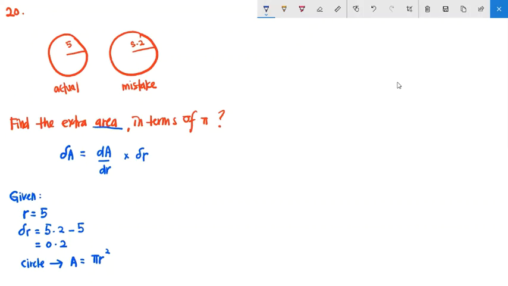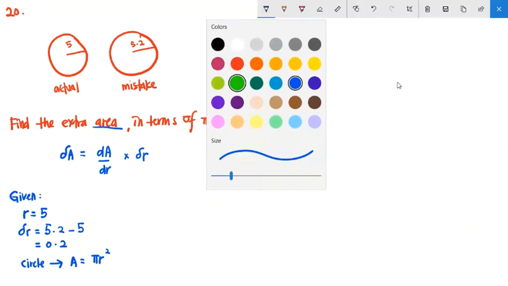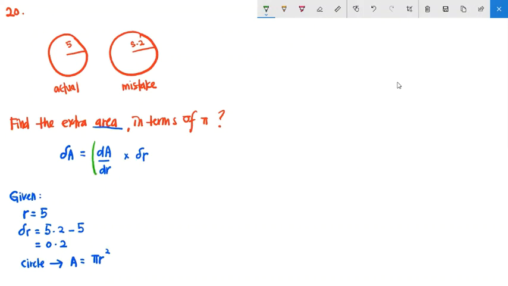Okay. So insert, macam mana nak masukkan dalam maklumat yang diberi. Okay, so here, this one dapat daripada equation. So dA over dr is equal to 2 pi r.